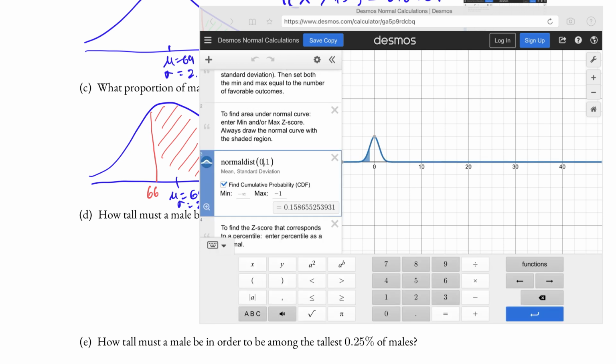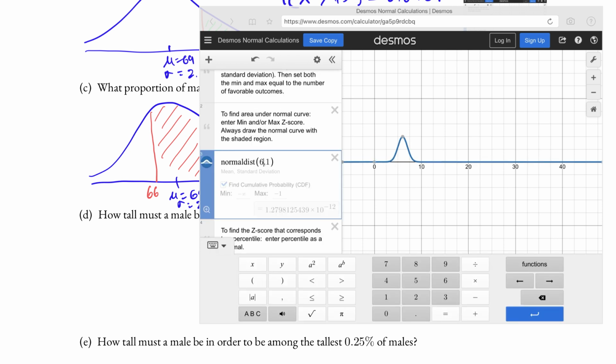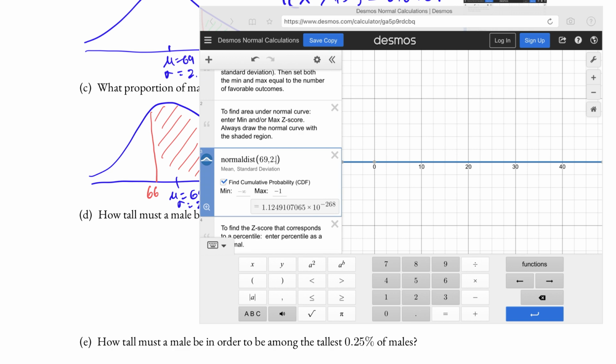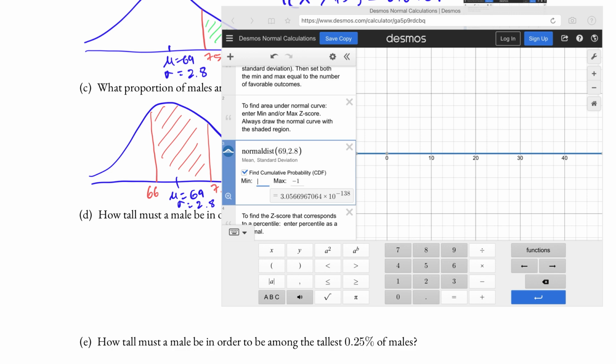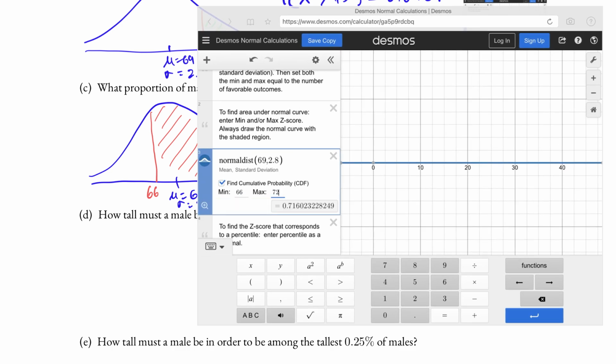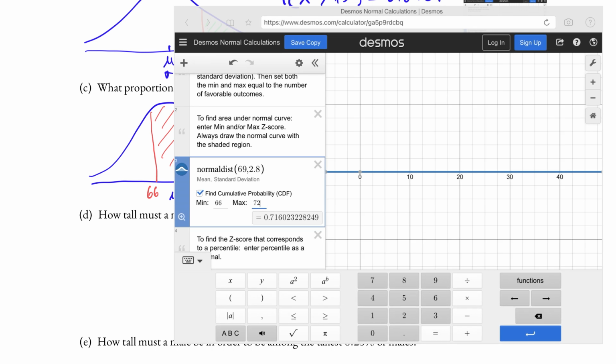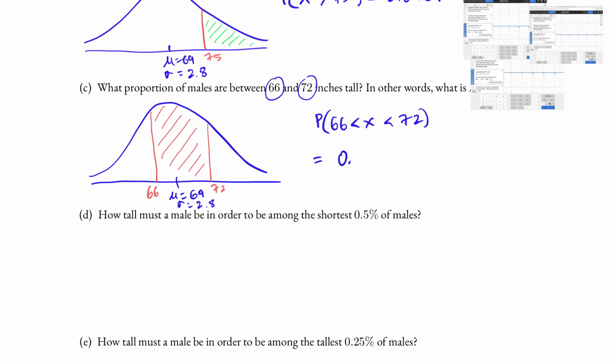The mean is 69, comma, the standard deviation is 2.8, and with the shaded region, we see that the minimum is 66, the left endpoint, and the maximum 72, the right endpoint. And there it is. The probability rounded to 4 decimal places, 0.7160.